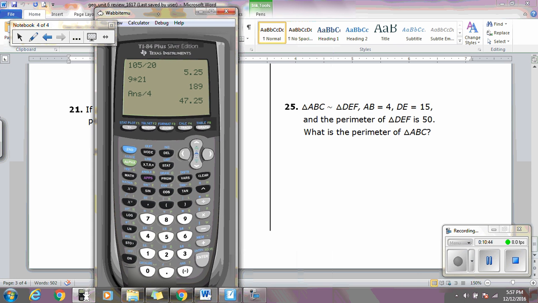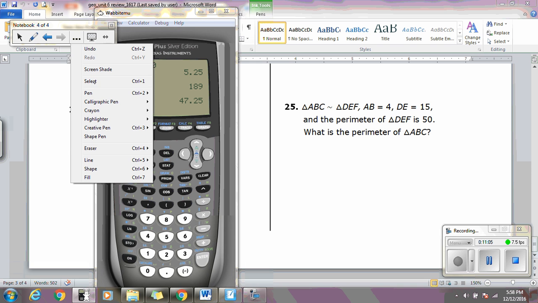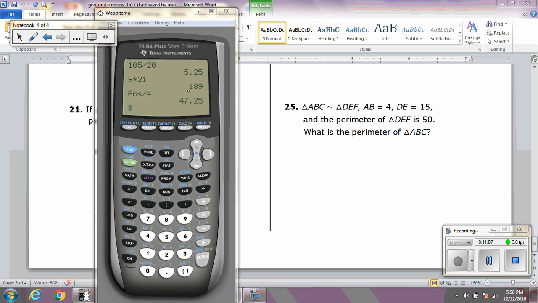Our last question of the day says triangle ABC is similar to triangle DEF. AB is 4, DE is 15, and the perimeter of DEF is 50. What is the perimeter of ABC? So the sides that they already gave us are proportional or corresponding, which is great. You don't have to draw the picture to know that. You just look at the similarity statement.